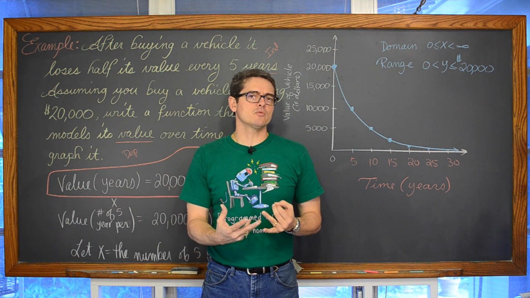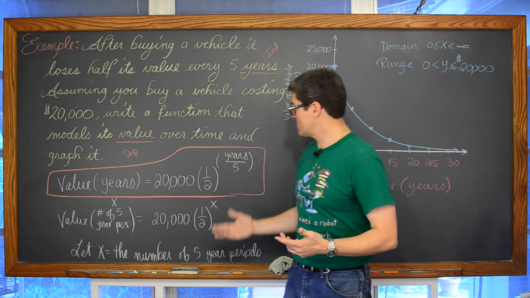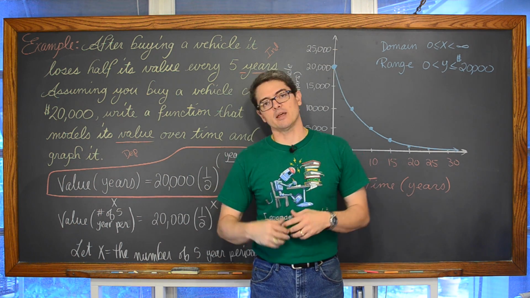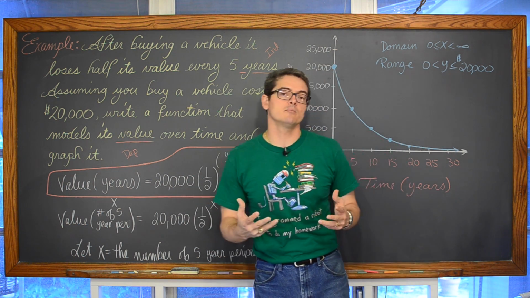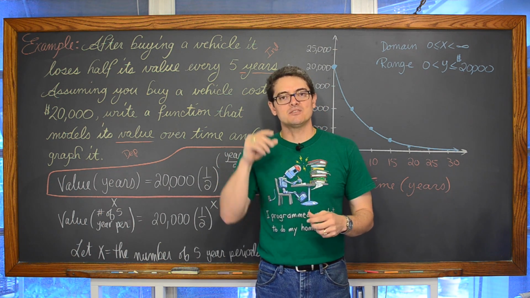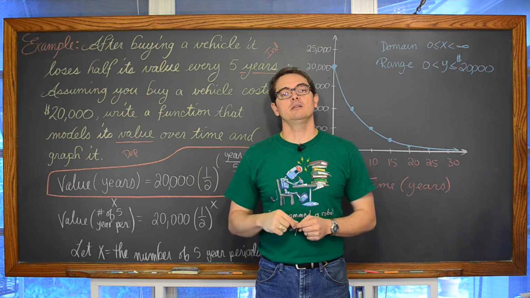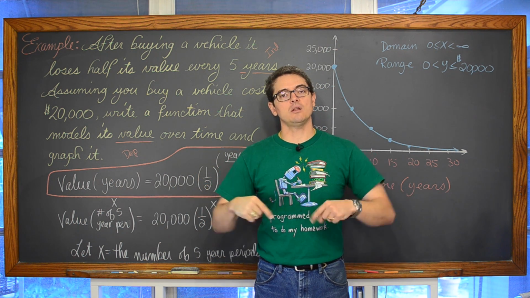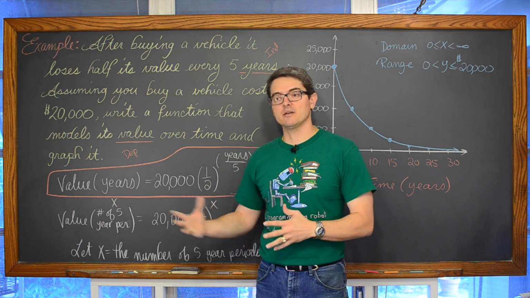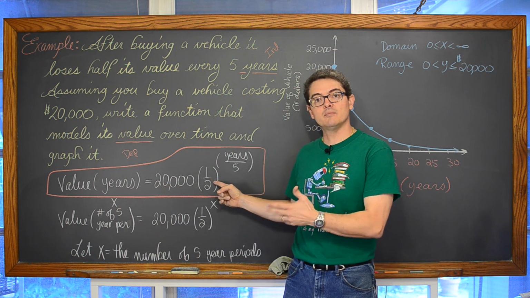A sequence of numbers that are created by constantly multiplying by some value. In this case, we were constantly multiplying by a half, or in that first reworded example, constantly multiplying by 0.9. That's a perfect tie-in to setting up a geometric sequence. So I'm going to have that lesson in the description of this lesson as well if you want to learn about geometric sequences, because it is a list of numbers created by constantly multiplying by the same value.